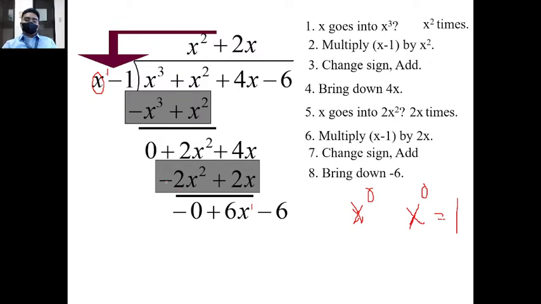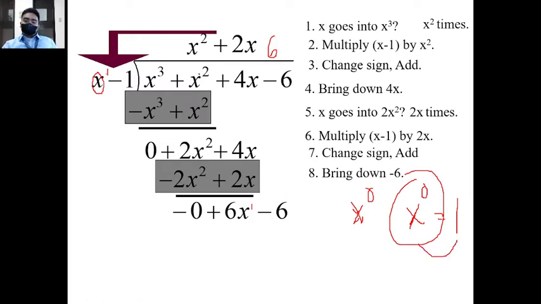So in this case, you're going to divide 6x by x. Obviously you will have 6. And from your x divided by x, it will become x raised to 0, and x raised to 0 is equal to 1.